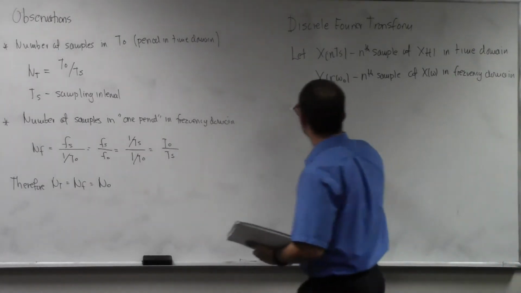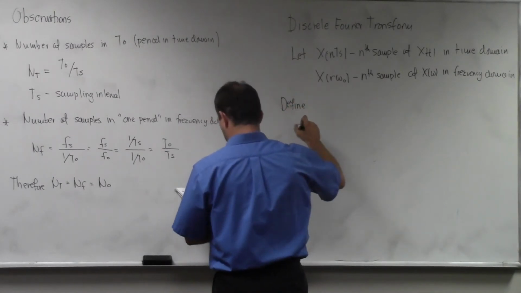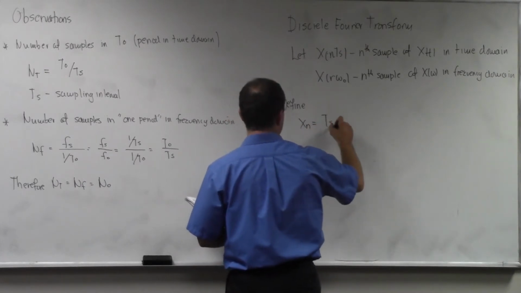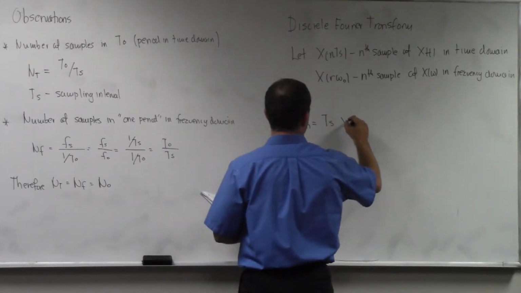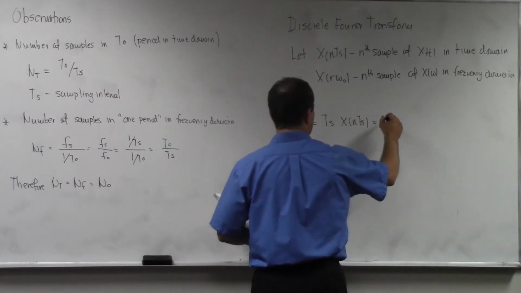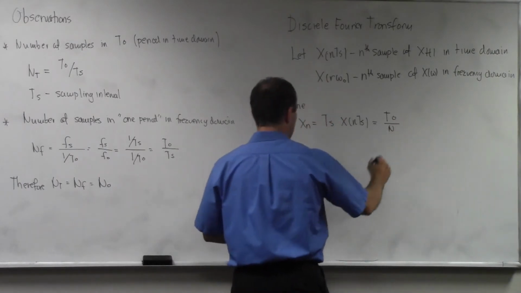So define xn as ts times x of n ts, which is essentially t0 over n0, right?